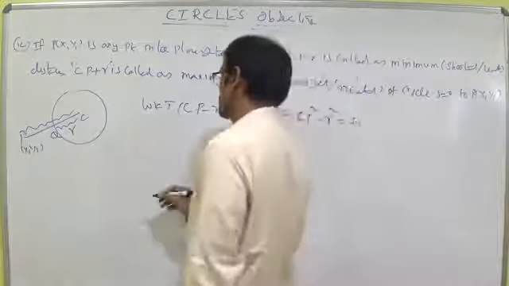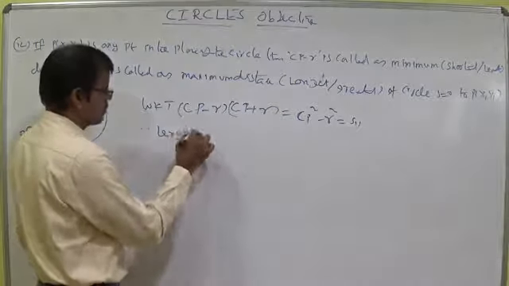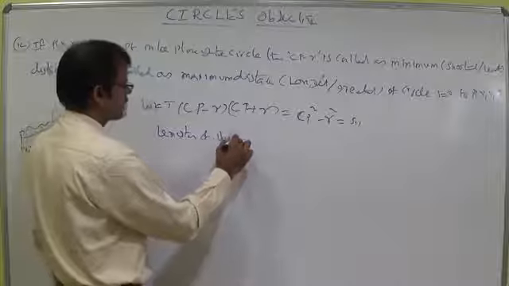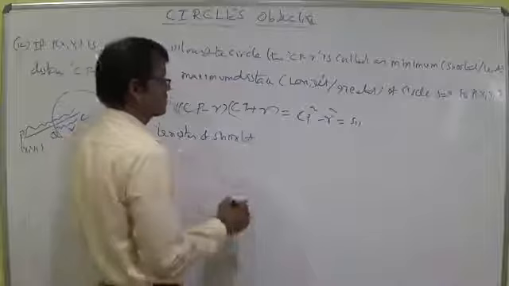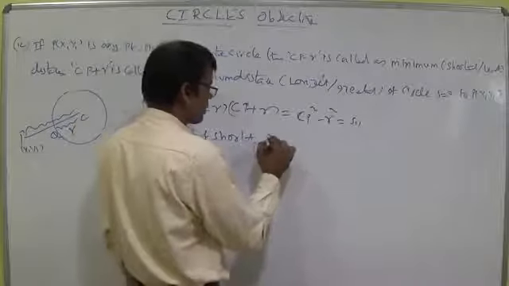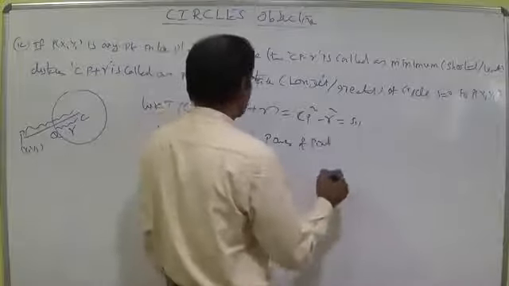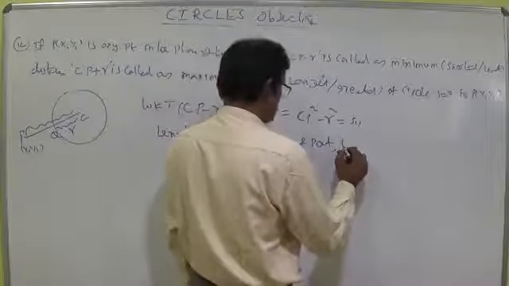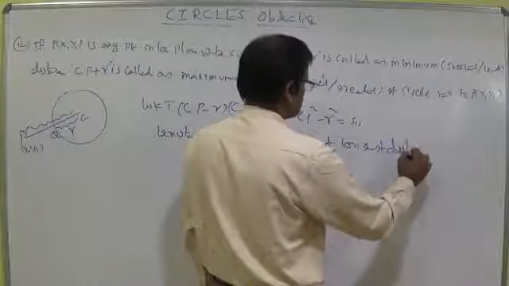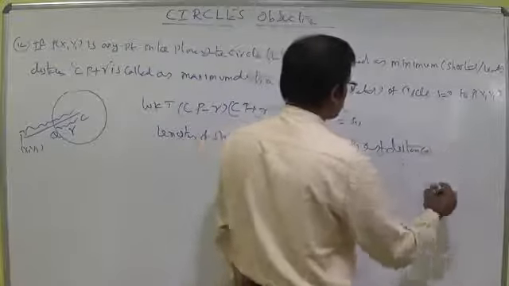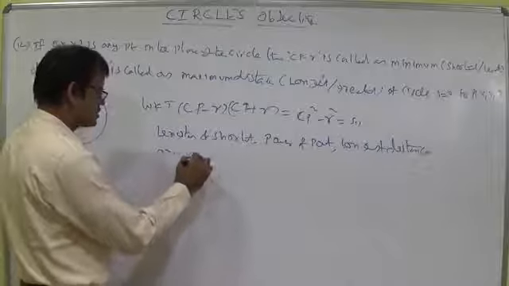Therefore, we can say that lengths of shortest, power of point, longest distance are always in GP.